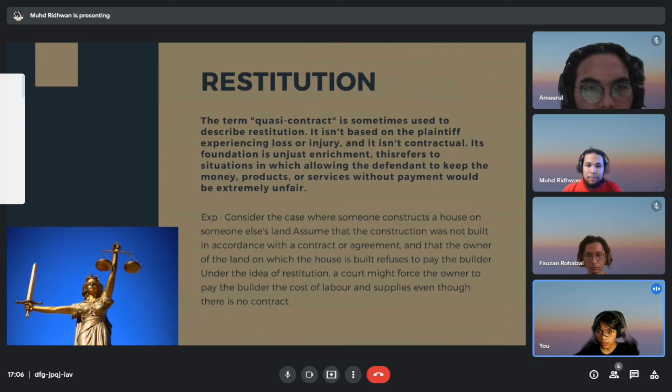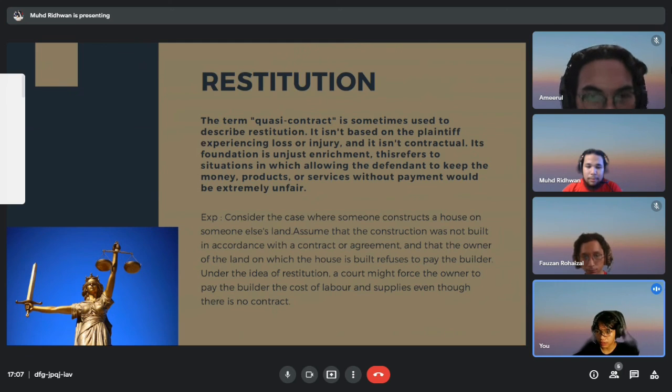So the next one is restitution. The term quasi-contract is sometimes used to describe restitution. It isn't based on the plaintiff experiencing loss or injury, and it isn't contractual. Its foundation is unjust enrichment. This refers to a situation in which allowing the defendant to keep the money, products, or services without payment would be extremely unfair.